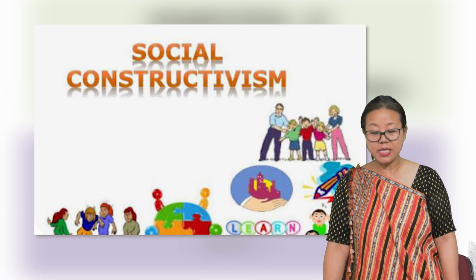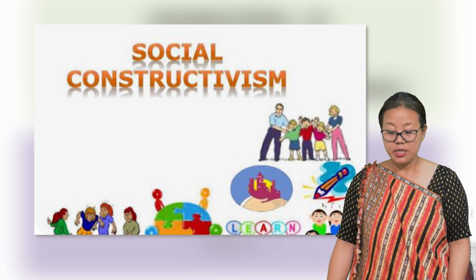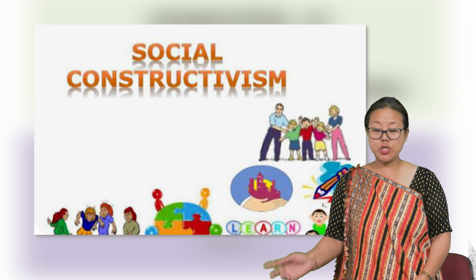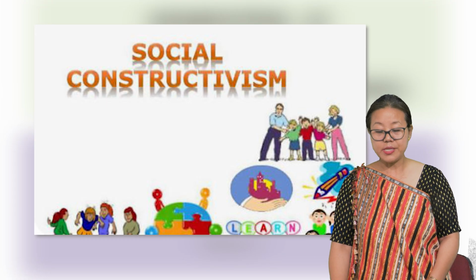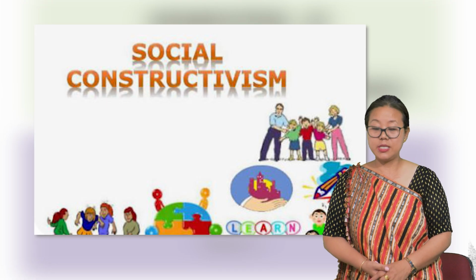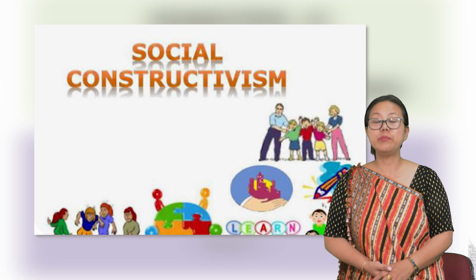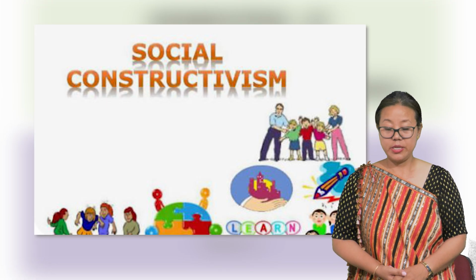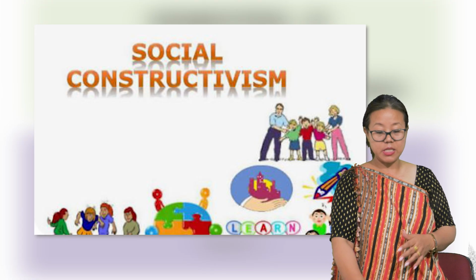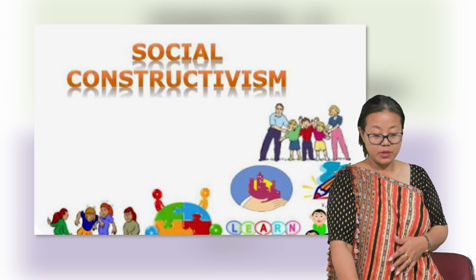Number 2 is active knowledge construction. Number 3 is the more knowledgeable other, which is known as MKO. Number 4 is zone of proximal development, ZPD, and number 5 is scaffolding. I have discussed them in detail, so listen to it again and again.